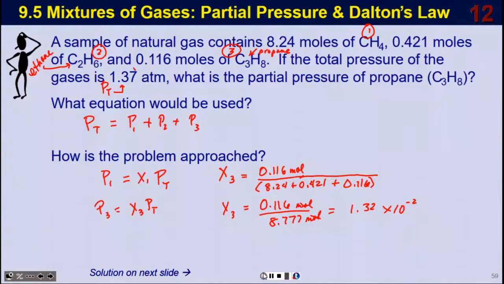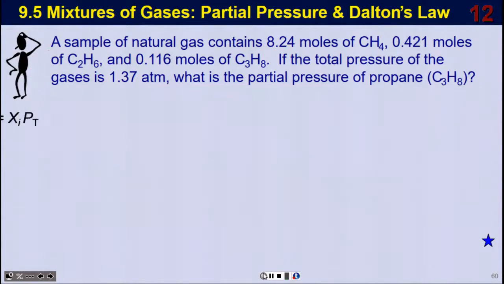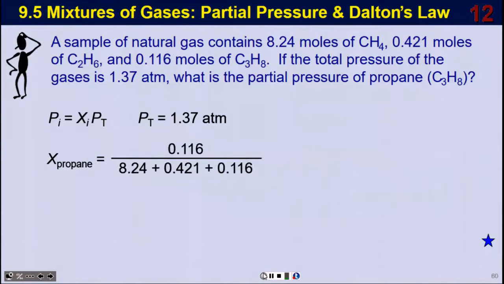So the total pressure is given, and so the mole fraction of the propane times the total pressure will give us the partial pressure of the propane. I think that should be clear to you. So let's look at it laid out in fancy form. The total pressure is 1.37. The mole fraction of the propane is those values combined and in a ratio.